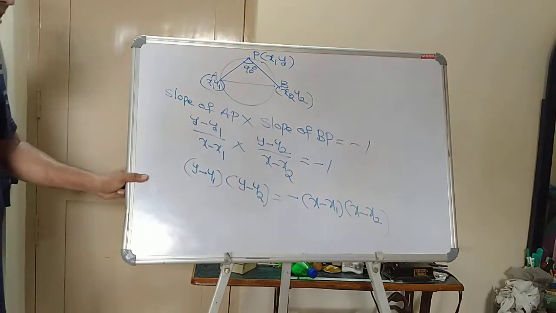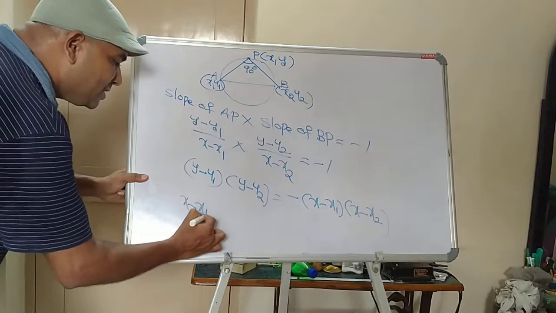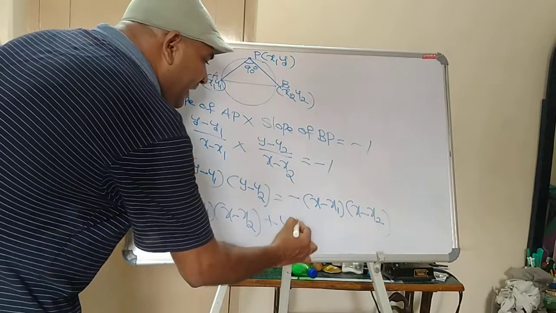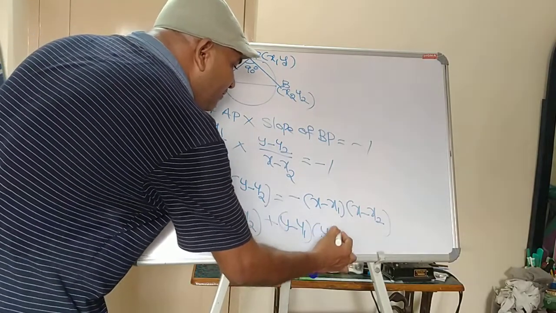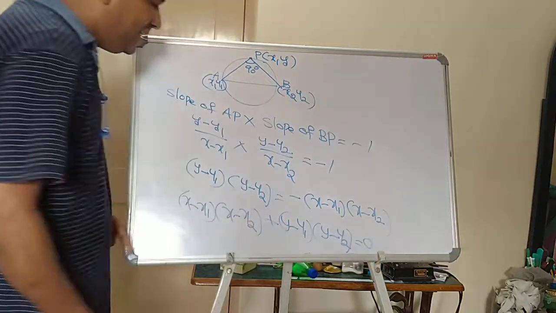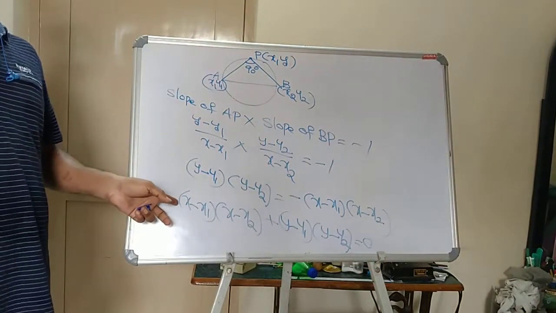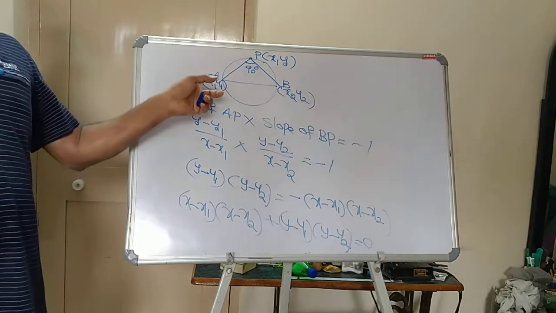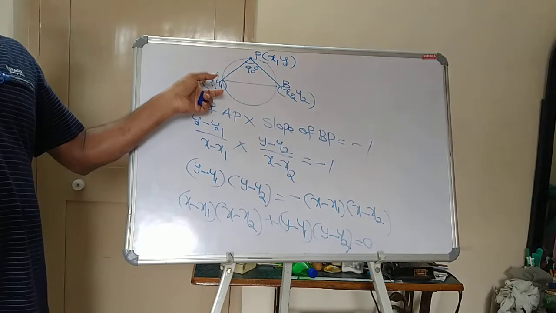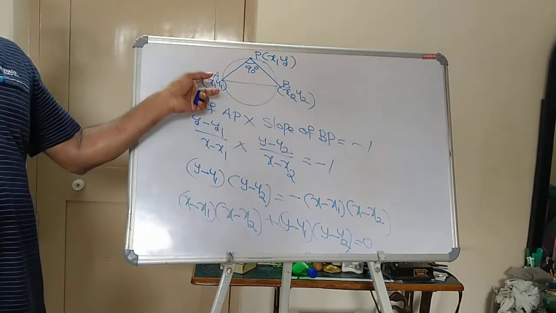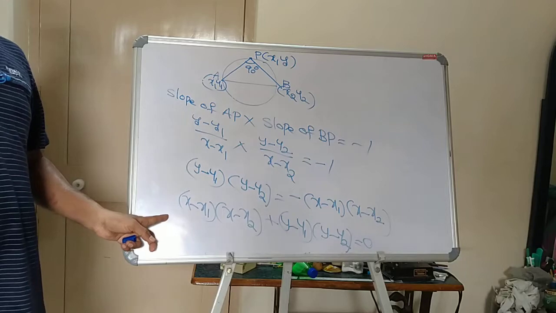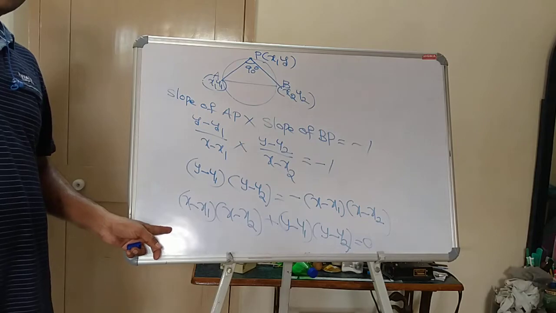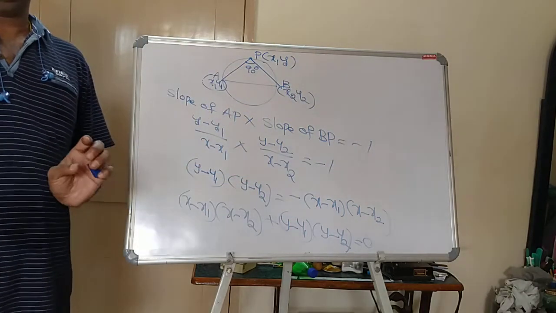Now transpose: (x minus x1)(x minus x2) plus (y minus y1)(y minus y2) equals 0. This is the equation of the circle when end points of the diameter are given. That means x1, y1 and x2, y2 are end points of the diameter, and the equation of the circle is (x minus x1)(x minus x2) plus (y minus y1)(y minus y2) equals 0.